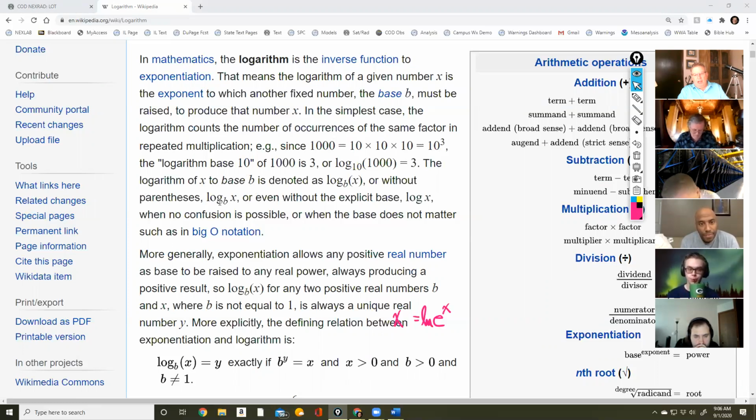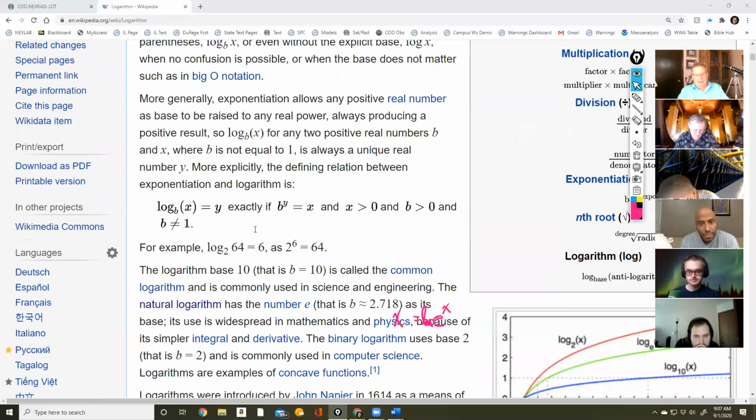So log 10, you could say, or log 2 of x without the explicit base. The log of x in base 2 is equal to some number. And then we can look at this and say, well, it's the same thing as base to the power, which is going to equal x.